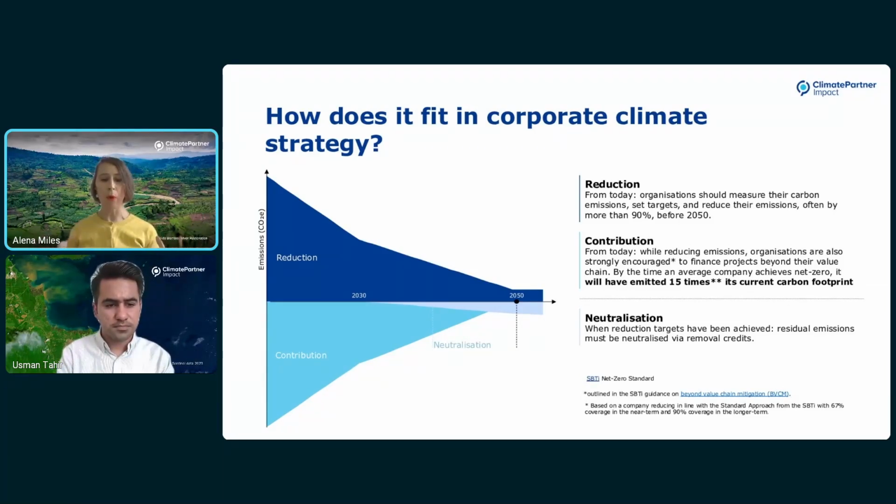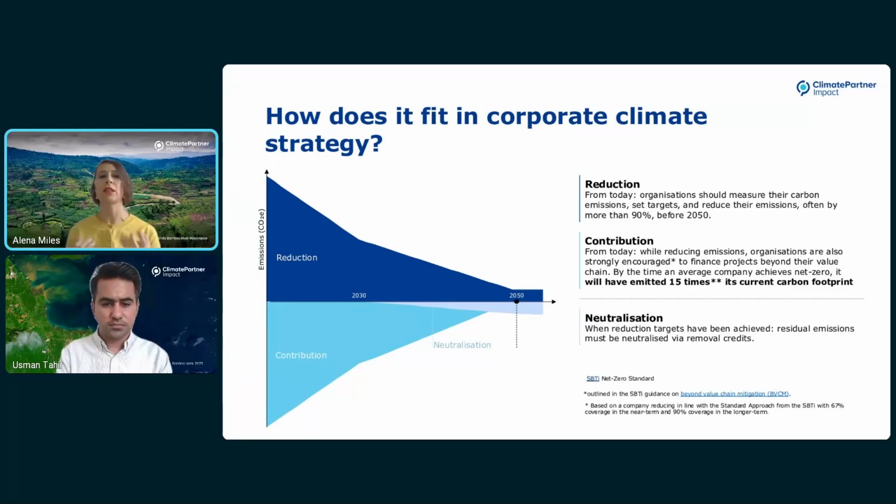So it's really important not to have this tunnel vision and only focus on internal reductions. It's really important to look beyond your value chain and contribute to the global net zero by investing in impactful climate projects.